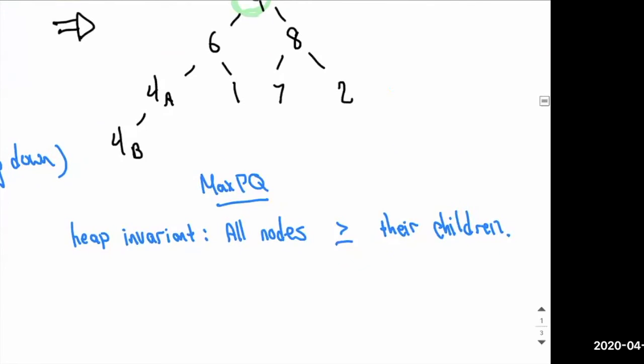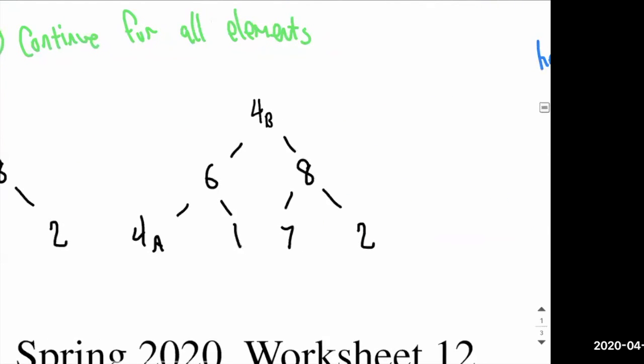Really quickly, I'd like to recall the heap invariant for a max priority queue. The heap invariant here is that all nodes must be greater than or equal to their children. I'm going to ask myself, is 4b greater than or equal to its children? We see that that is not the case. So we're going to swap 4b with the greater of the 2 children, which is 8.